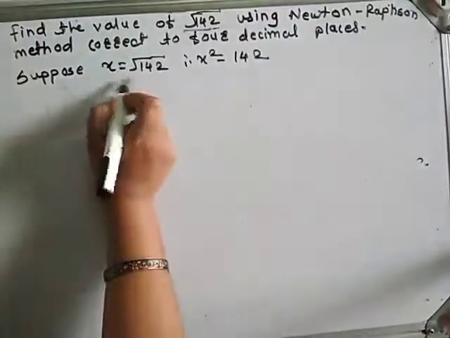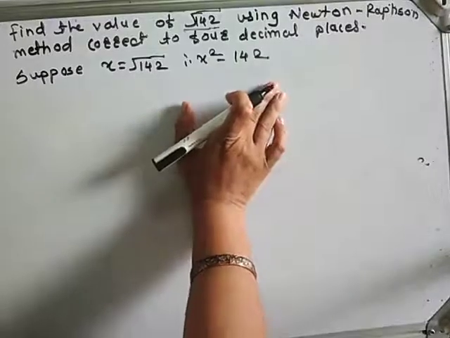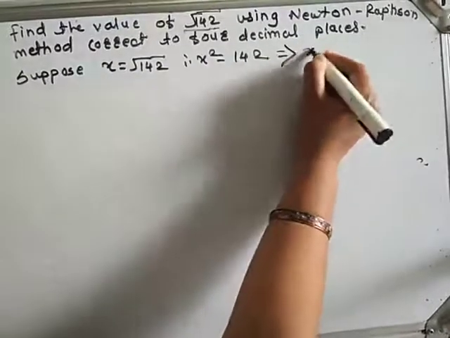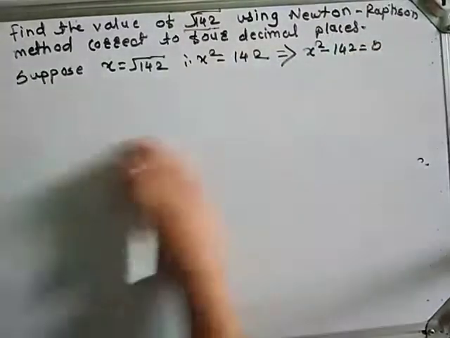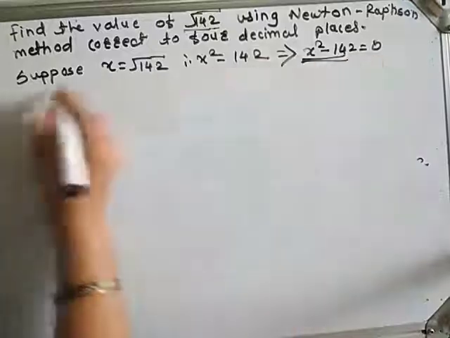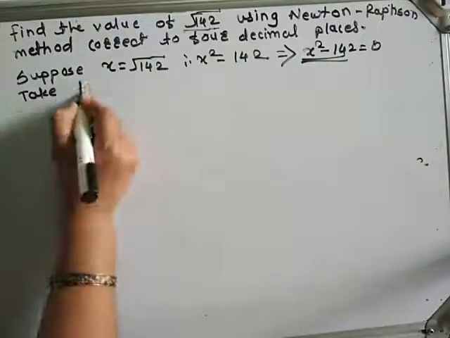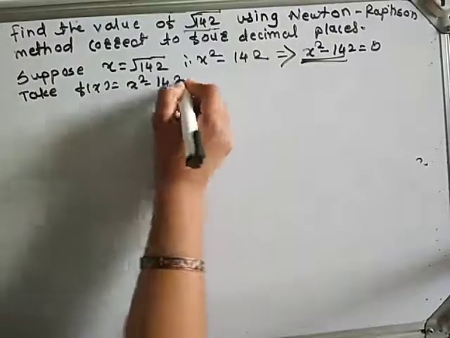On squaring both sides we get x square is equal to 142. That implies x square minus 142 is equal to 0. Take this as f of x. Take f of x is equal to x square minus 142.